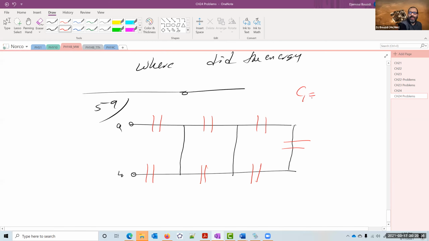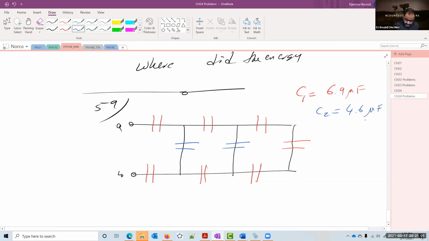All of them are C1 and they are equal to 6.9 microfarads. In addition to that, we have a capacitor C2 in here, and a capacitor C2 in here, such that C2 is equal to 4.6 microfarads.